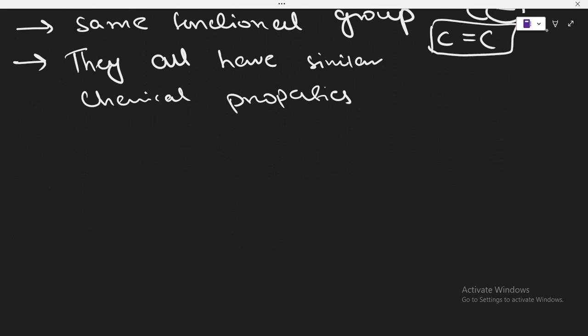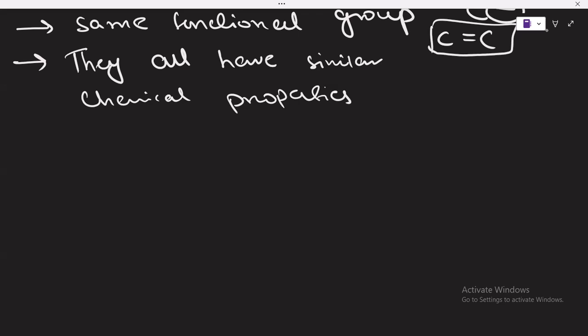So for example, the series of alkanes is going to have similar chemical properties. The series of alkenes are going to have similar chemical properties. The series of carboxylic acids are going to have similar chemical properties throughout their series. So this is what you need to understand. There is an individual series going on here, and there is one whole general characteristic of a series.